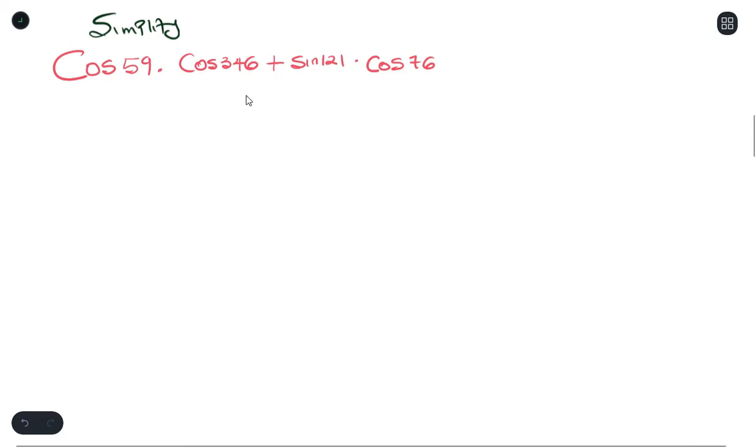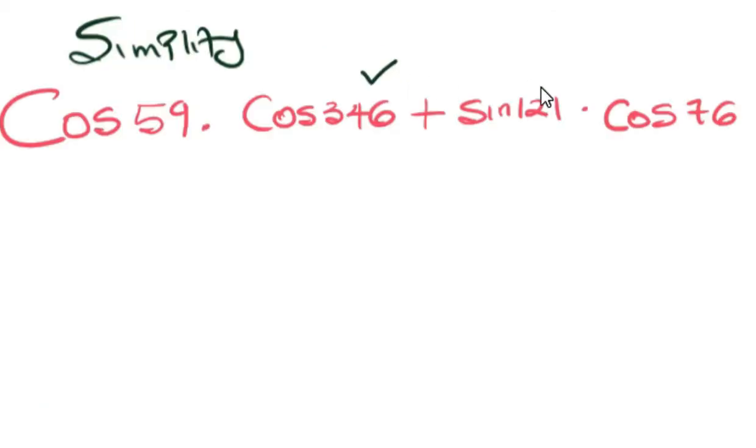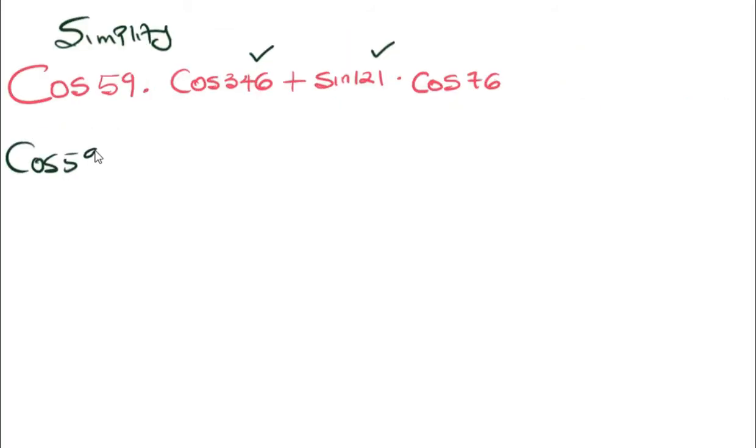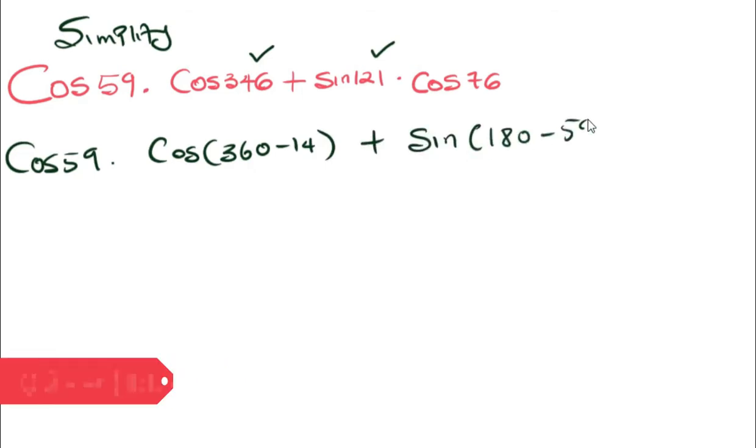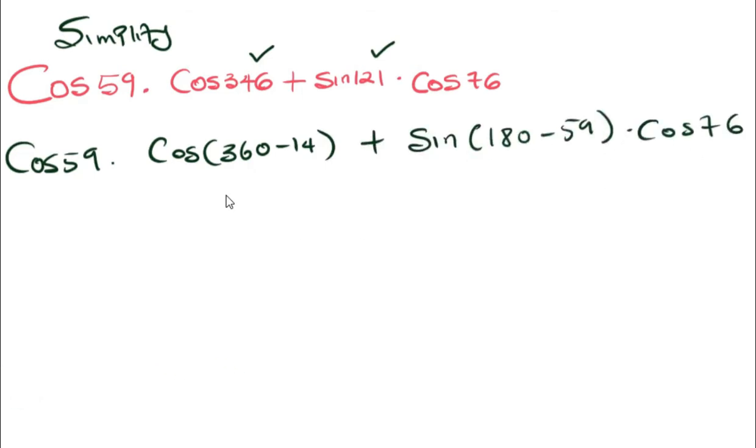Let us start with the basics. From what we talked about in the previous lesson in trig, whenever you have angles greater than acute, you always try to reduce them using your reduction formula. We can reduce this because that is not acute, and we could also reduce this because that is also not acute. As you see, 346 is broken down into 360 minus 14, which puts it in the fourth quadrant.